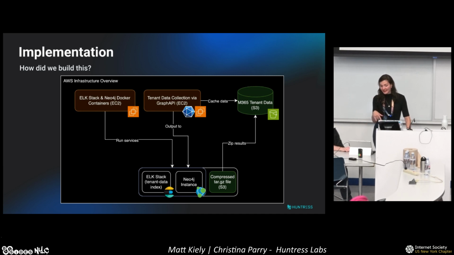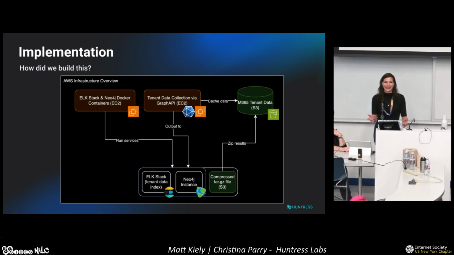We had a second EC2 instance for standing up the Elk stack and Neo4j in Docker containers. And in AWS, we used S3 for caching previously seen tenants within whatever specified look-back date, so we weren't copying the same data over and over.